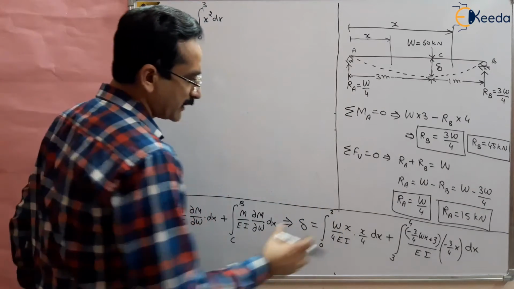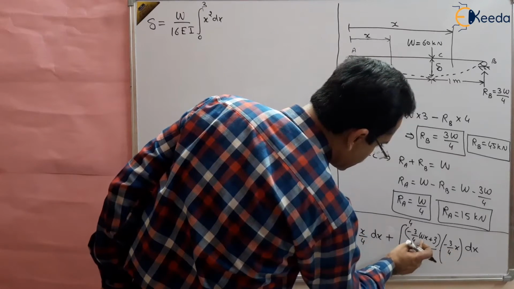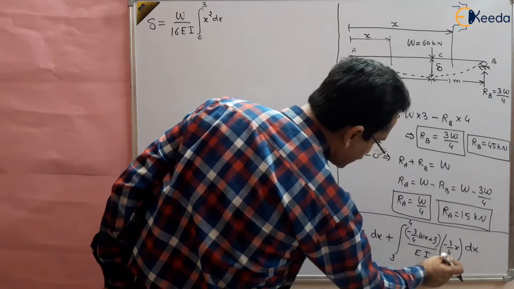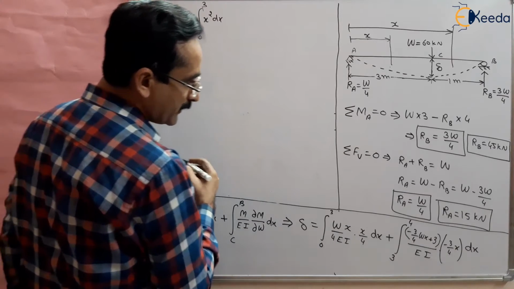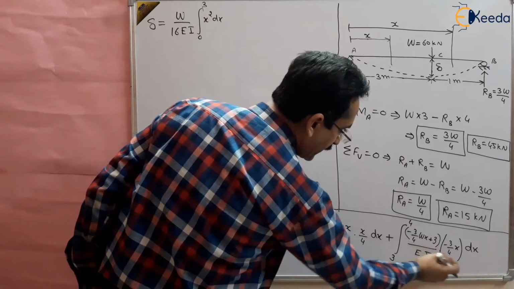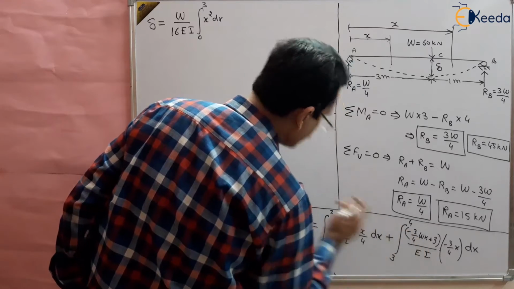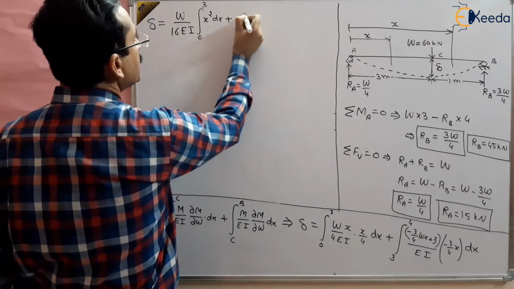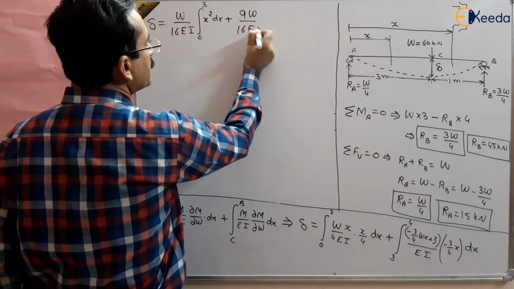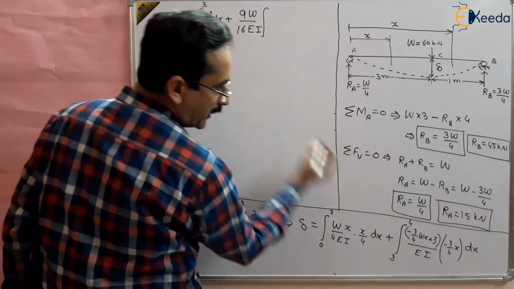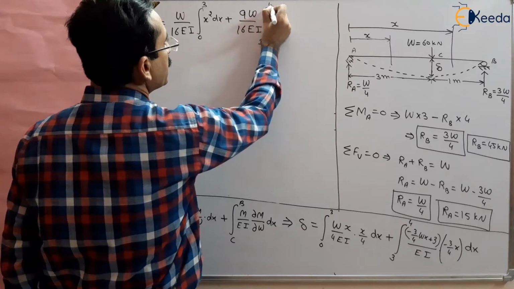Now second term: we will get this multiplied by this, Wx, and then this multiplied by 3. So we will be getting 9/16 EI and W, right? So this is plus 9W/16 EI, and then x² dx from 3 to 4 meters.